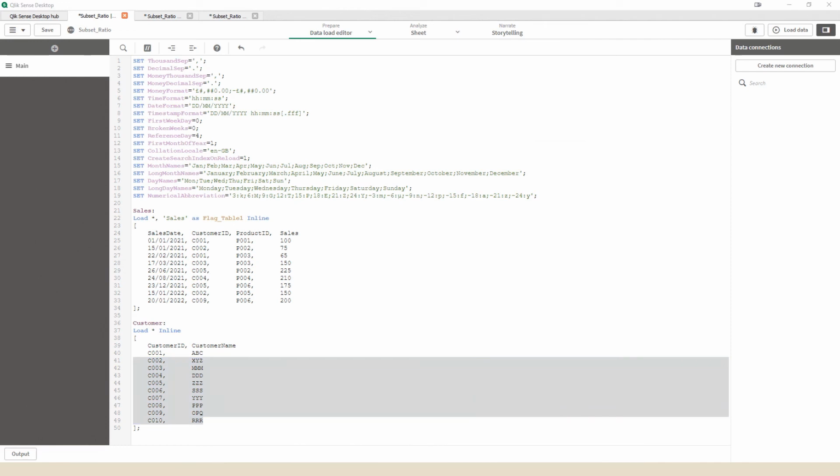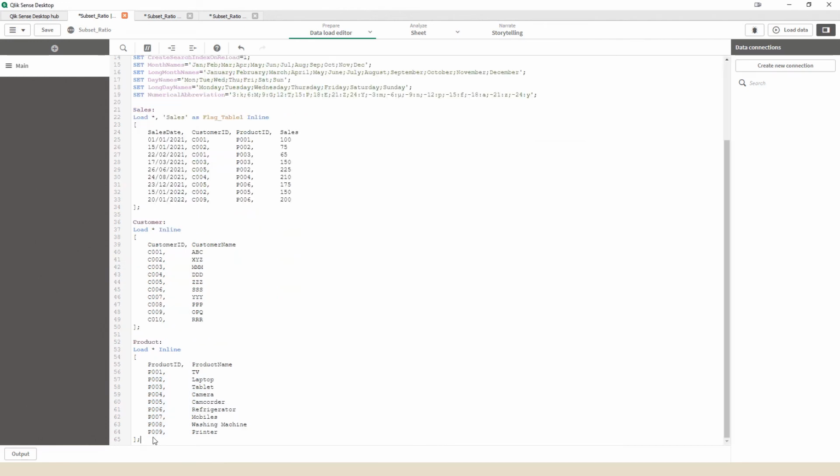I will add product information as well. So we have 9 different products. And how many different distinct product IDs are present in the sales table? 1, 2, 3, 4, 5 and 6.